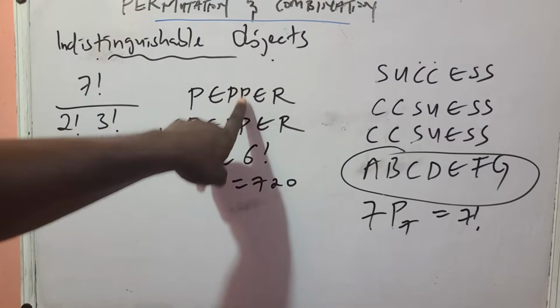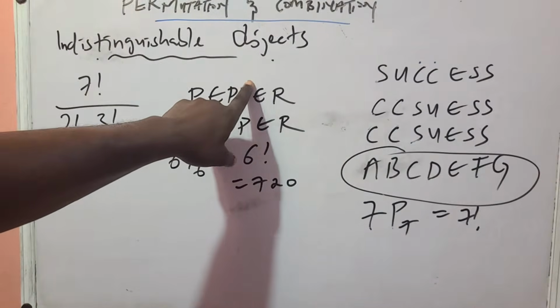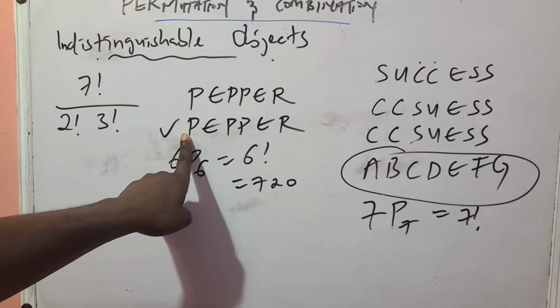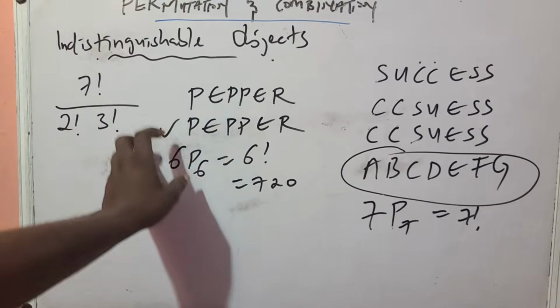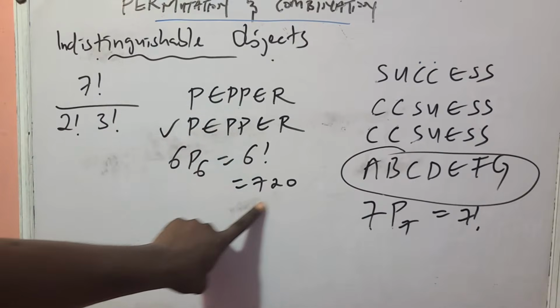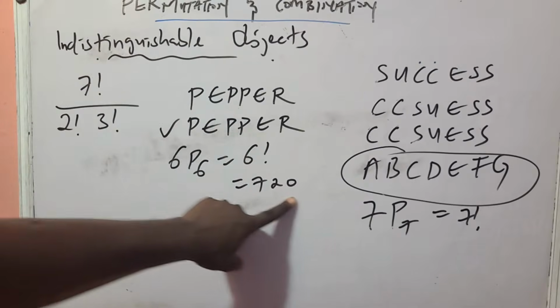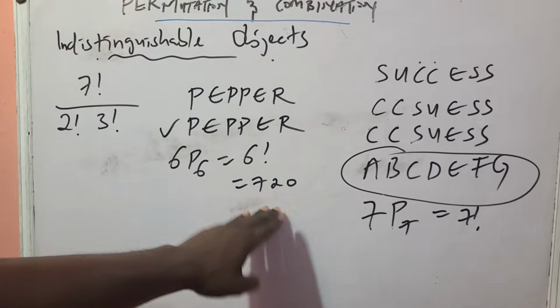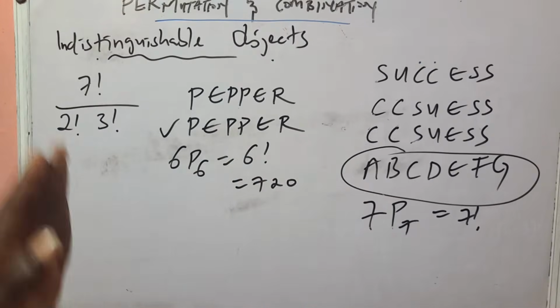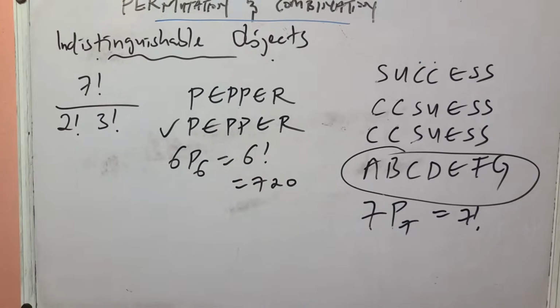By the way, I can also have another different permutation where I will say it was the third P that was this one. So can you see all those possibilities are all embedded in this 720? That's because this 720 considered every one of the objects as a distinctive object.